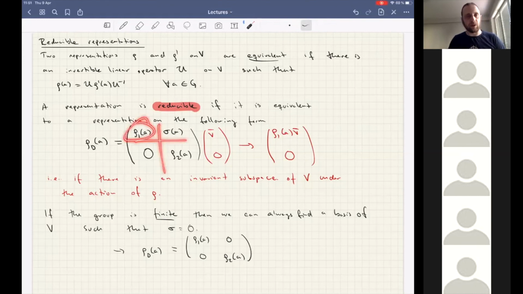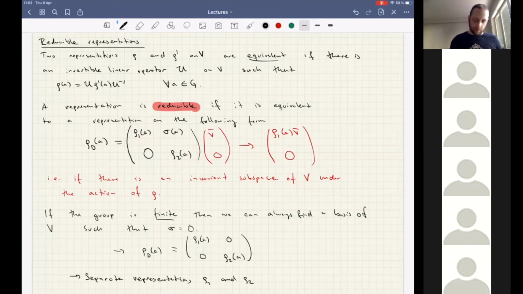So this in general might be an n by n matrix, and this might be an m by n matrix. So this means that we have separate representations rho 1 and rho 2 acting on the subspaces V1 and V2.